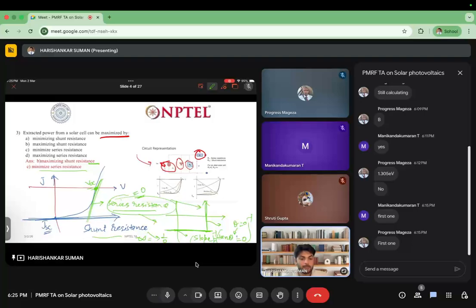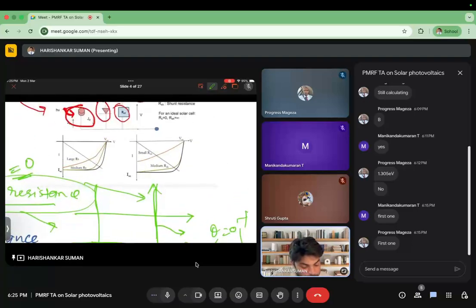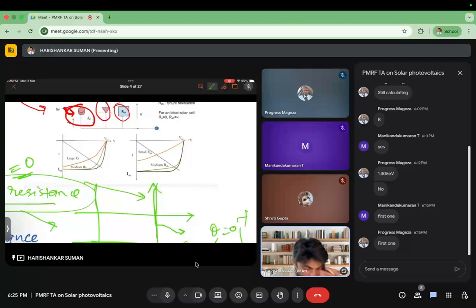Clear? Please see these two curves. See, this side has large series resistance, this is medium, and this is lowest.